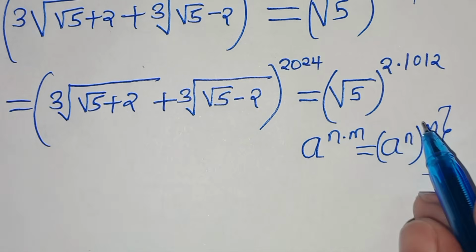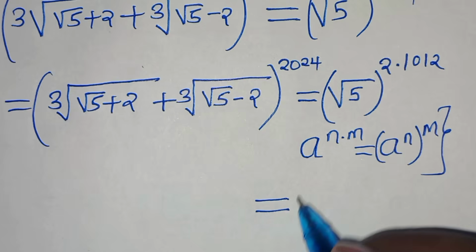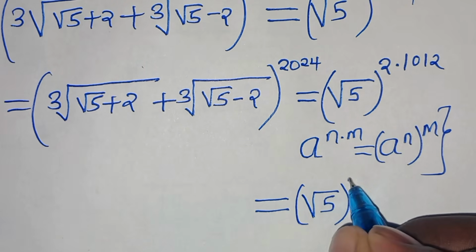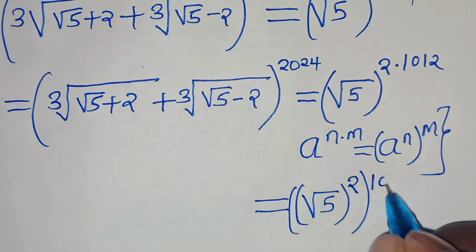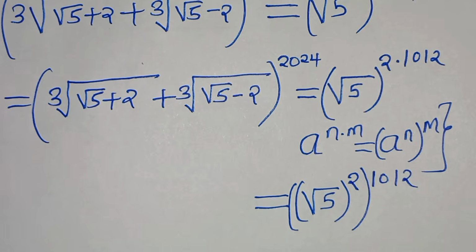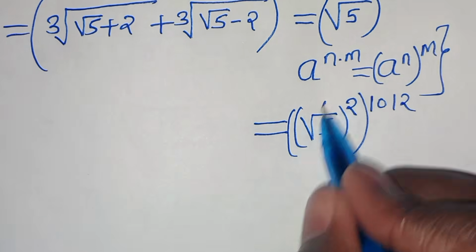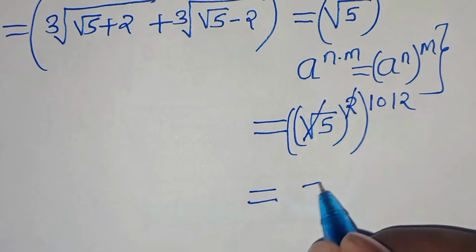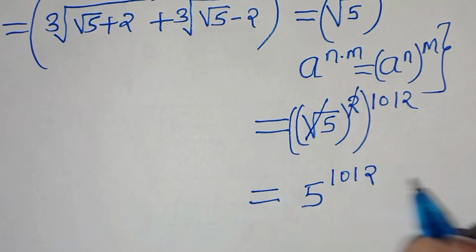Applying this exponent property, then this means that here we have square root of 5 raised to the power of 2, then raised to the power of 12. Now this means that we can eliminate the square root sign here, and this means that we have 5 raised to the power of 12.